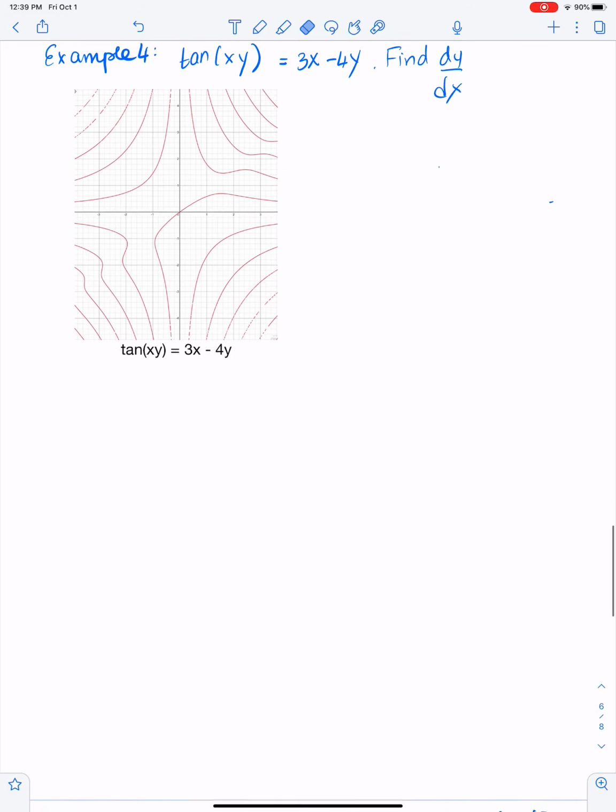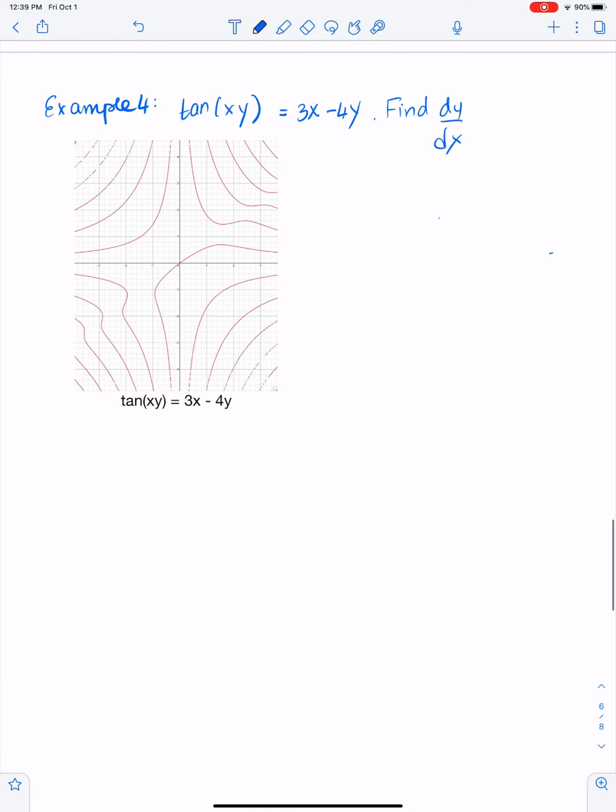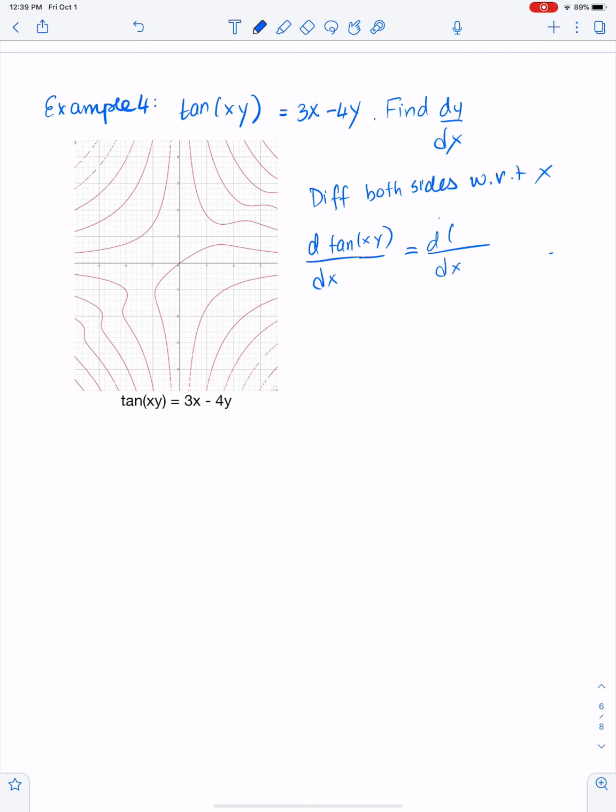So you differentiate both sides with respect to x. Okay, so you have d/dx of tangent of xy, equals d/dx of 3x minus 4y.